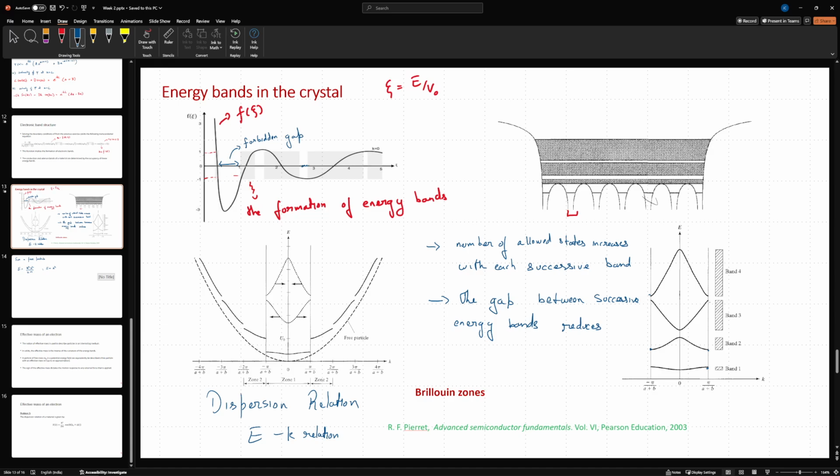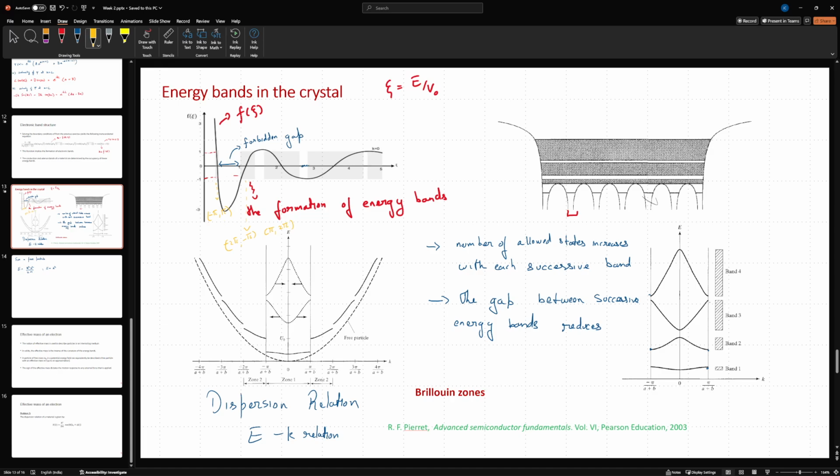In the second region, let me use a different color here. This region has minus pi to pi, whereas this region here is going to be minus 2 pi to minus pi, and then pi to 2 pi.